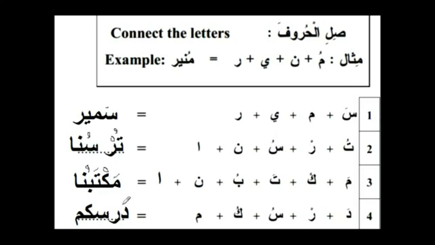We should have put the fatha on top of the dal, the sukoon on the ra, the dhamma on the sin, the dhamma on the kaf, and a sukoon on the meem. Although it's not here, it should be.